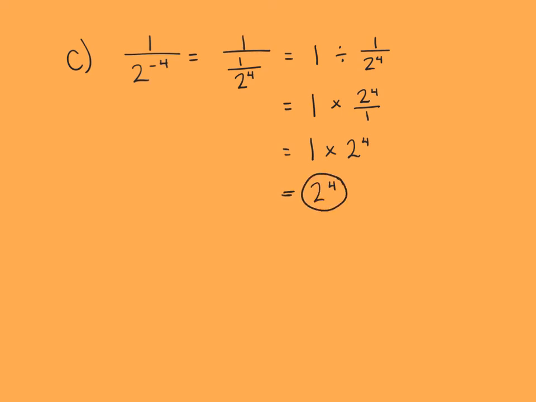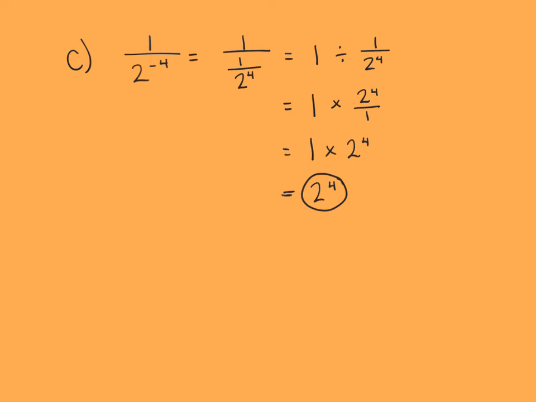It's the same. Now I will point this out. You can show these steps every time, and that would be correct, and you're able to do that. But you might just notice that this just seemed to flip our rule. We had 1 over a base to a negative exponent.